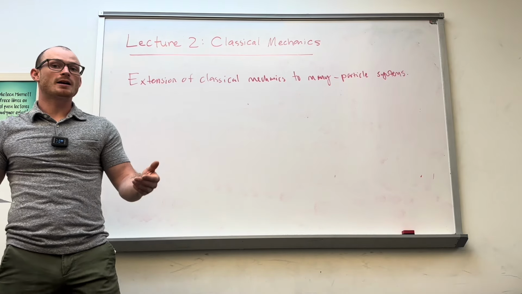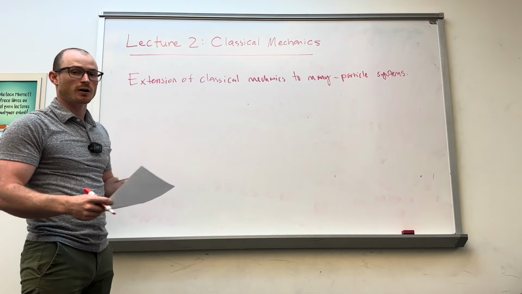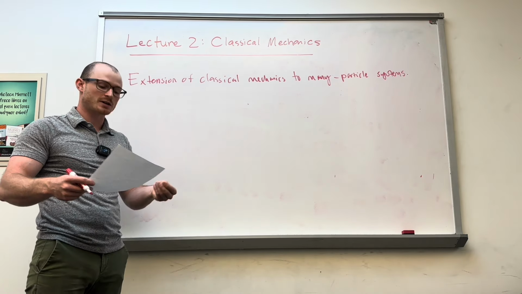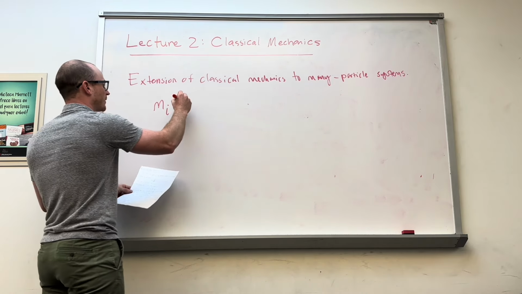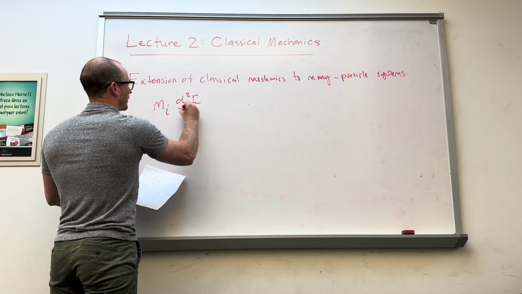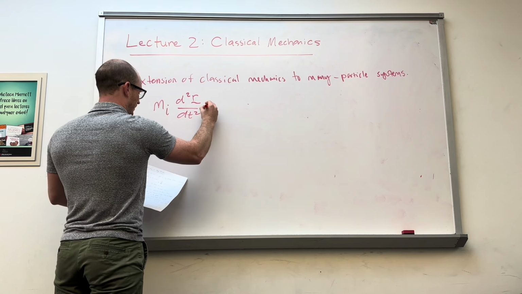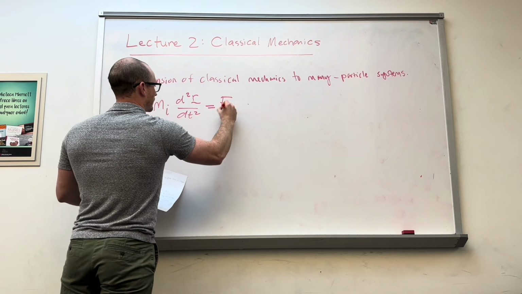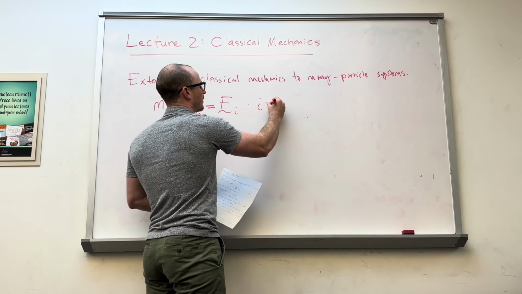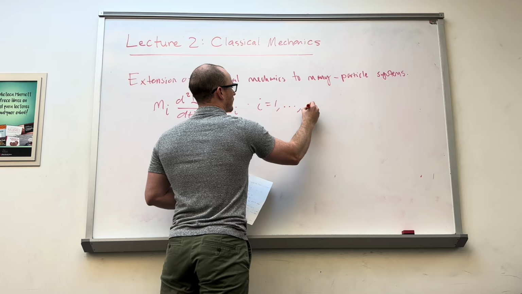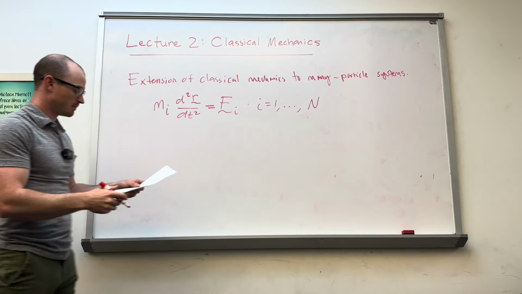What's really great about Newton's equation of motion in a many particle system is that it still holds for each particle in the system. We just have to write it for a specific particle i, for i being the number of particles in the system.